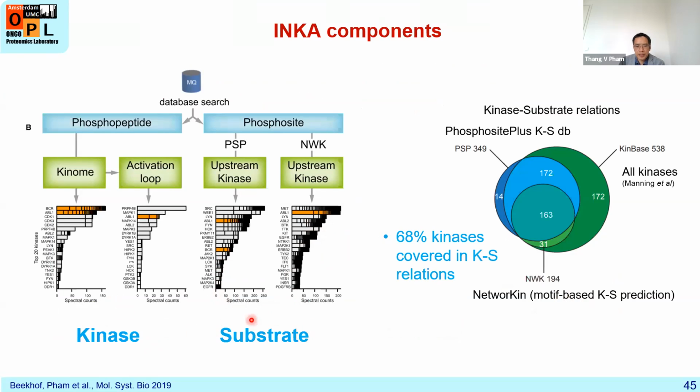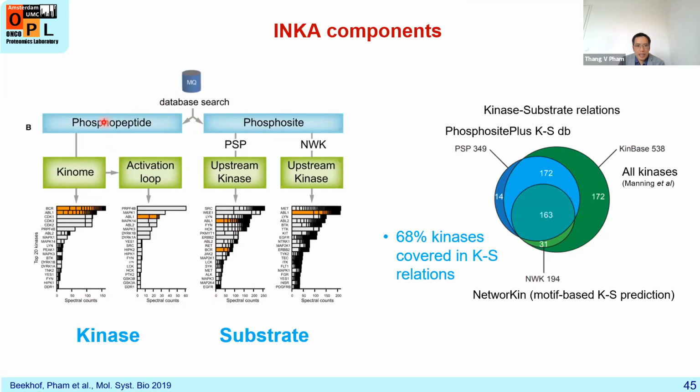kinases and substrates. The kinase-substrate relations are very important because their interaction drives a lot of the signaling process in the cell. So in phosphoproteomics, we look at the phosphopeptides of the kinases themselves, but also at the phosphosites, the peptides that are activated by these kinases.